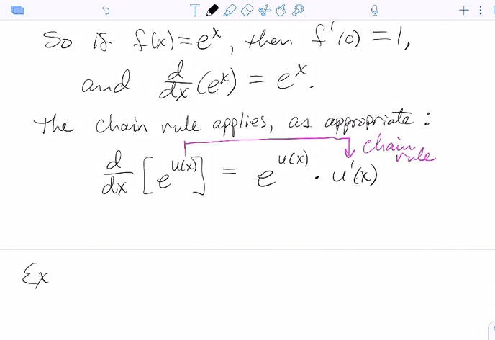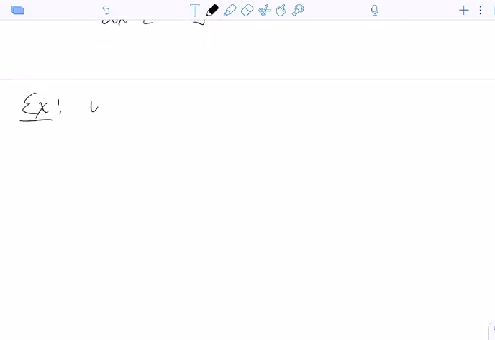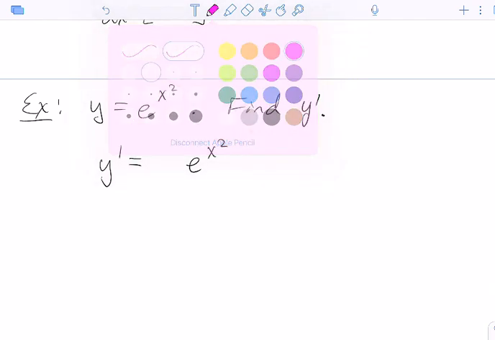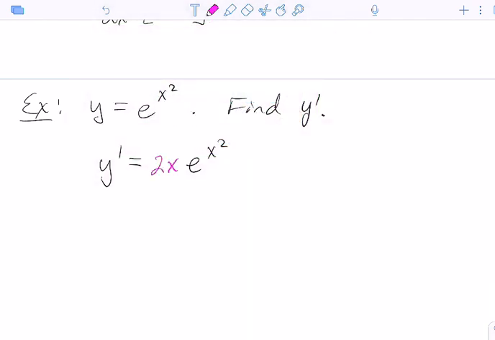For a quick example, if we let y equal e to the x squared, and we're asked to find y prime, then y prime will be e to the x squared times the derivative of the inside function, so 2x e to the x squared, because of the chain rule. And that would do it for that.